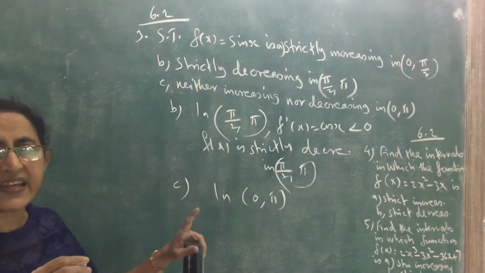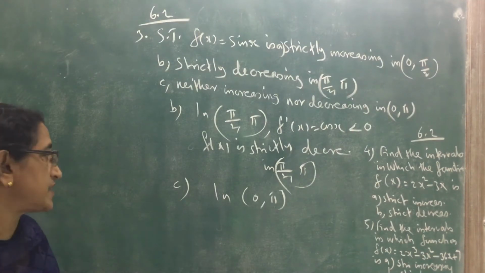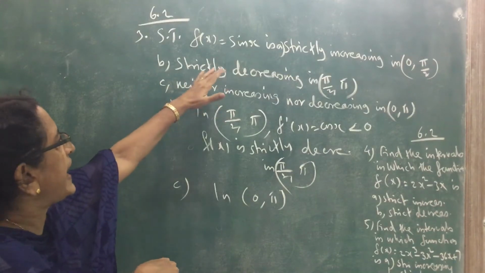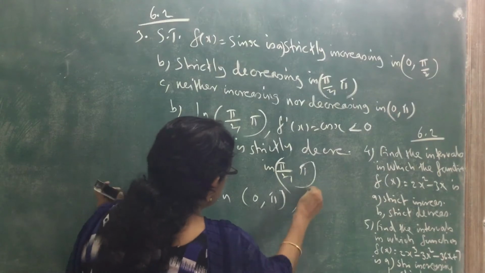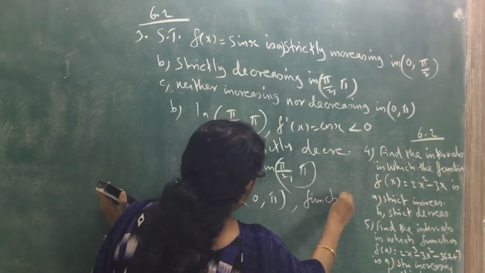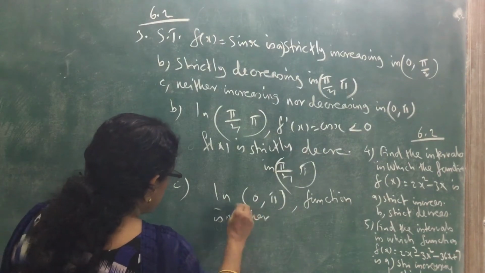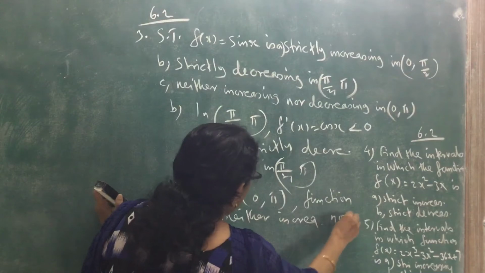So from questions A and B, we can write that in (0, pi) the function is neither increasing nor decreasing.